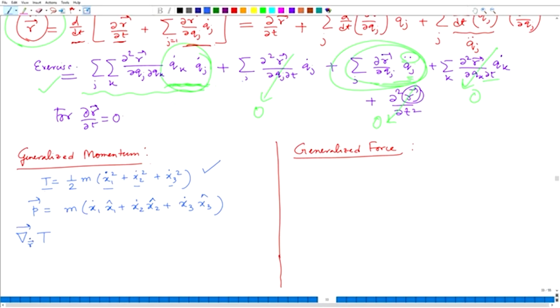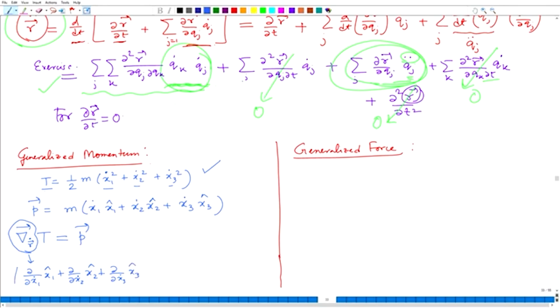This operator is just like a gradient operator, but in velocity space. That means, this is nothing but del/del x1 dot x1 cap plus del/del x2 dot x2 cap plus del/del x3 dot x3 cap.